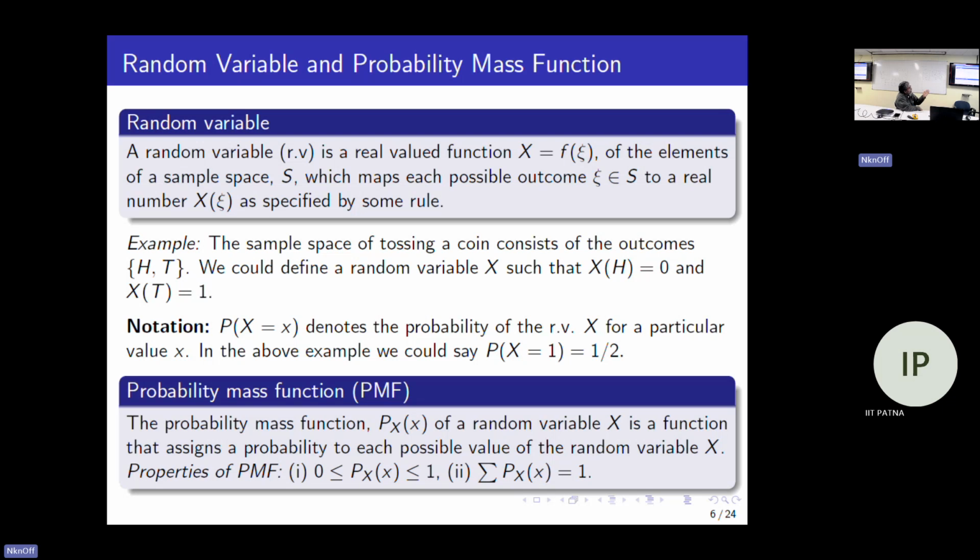So the probability mass function means we have a random variable and a probability assigned with those random variables. A few properties: the probability is greater than or equal to 0, and less than or equal to 1, and the sum of all probabilities is 1. Sometimes later we will call this probability of a random variable the weight.